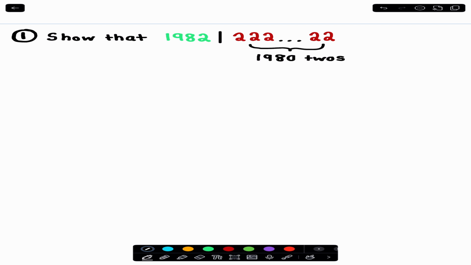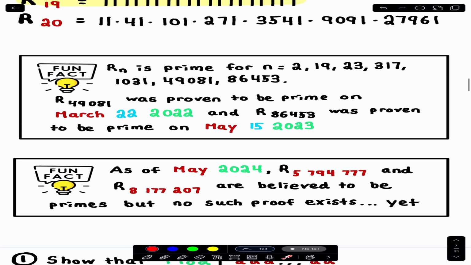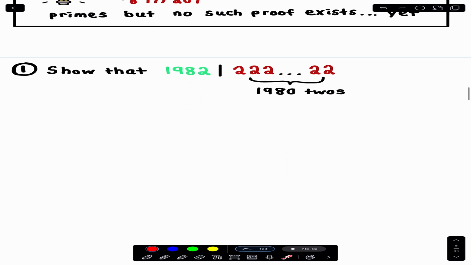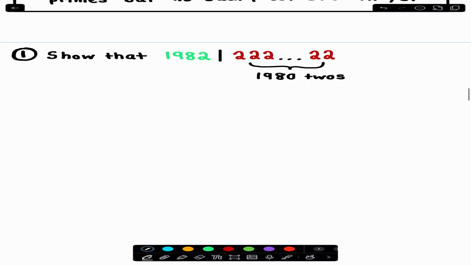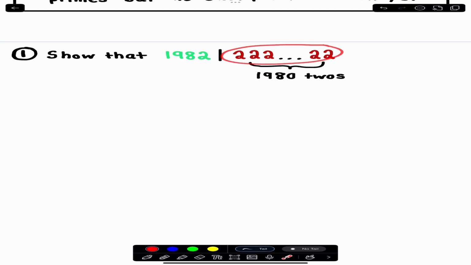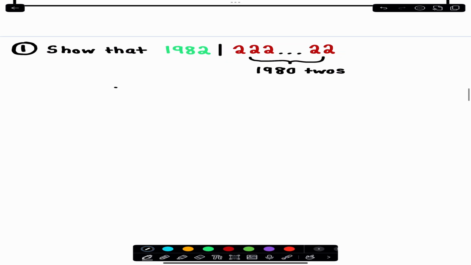So I hope the alarm bell is sounding off, that in order to work with rep units, everything has to be a 1. And right now we have a bunch of 2's. The thing is 1982 is divisible by 2. So showing that 1982 goes into this number is actually equivalent to showing that 991 goes into a bunch of 1s.